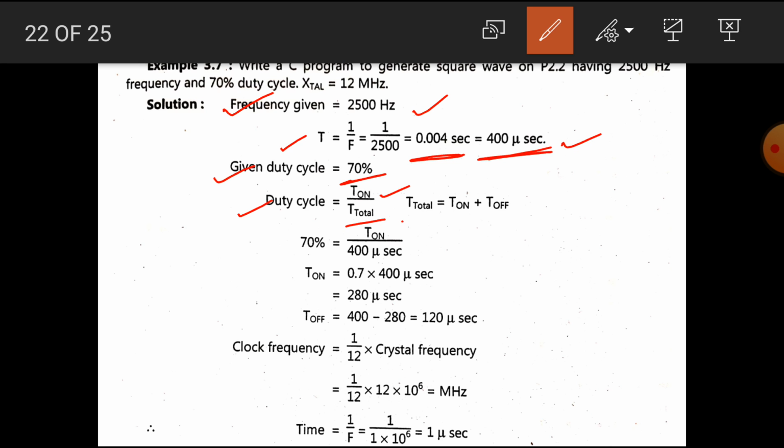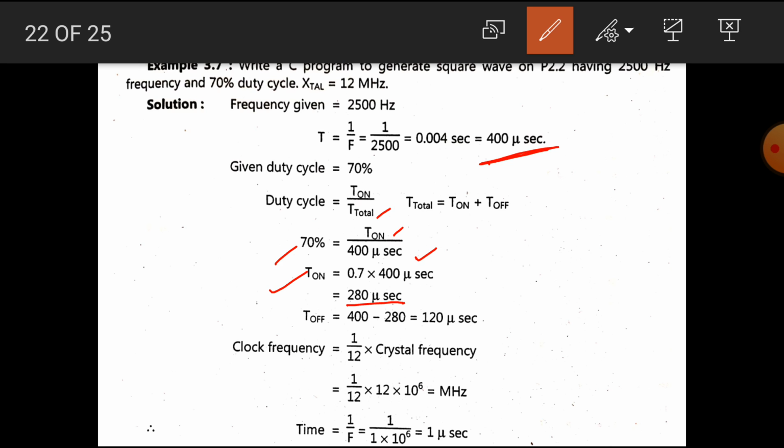For the given duty cycle 70%, we can obtain it from the formula T on upon T total. That means T total is T on plus T off, so the duty cycle formula is T on upon T on plus T off. Putting the values, duty cycle is 70% and T total is 400 microsecond as calculated. After this calculation, we get the value for T on as 280 microsecond.